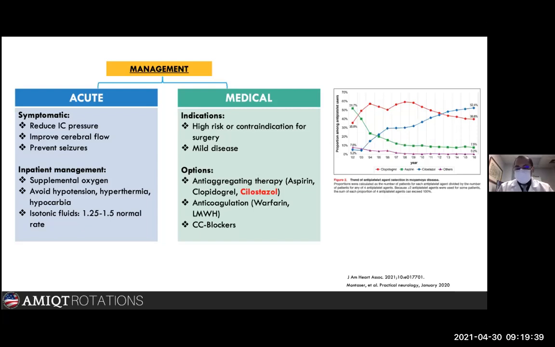This last one is the most frequently used in recent years, as it has a very good safety profile, and it has been very effective in reducing the events of stroke in these patients. As you can see in the figure on the right, the use of cilostazol has increased dramatically in recent years due to these benefits.